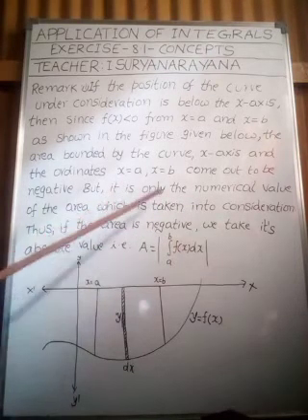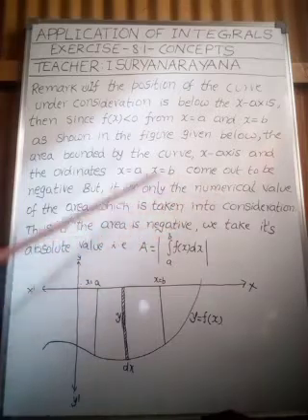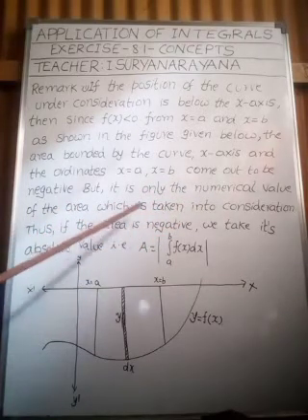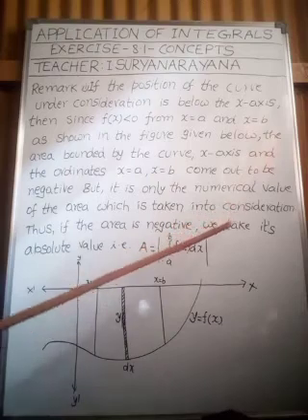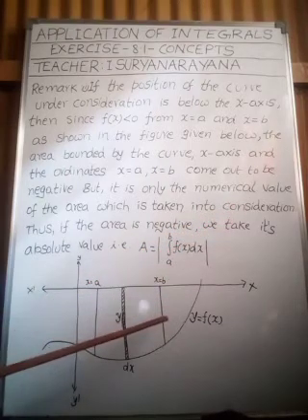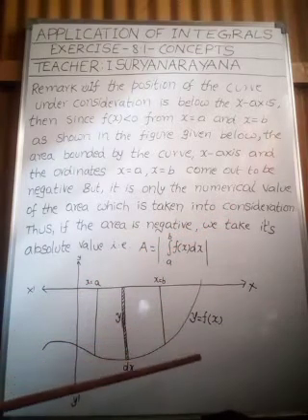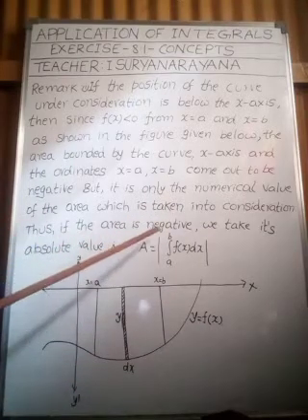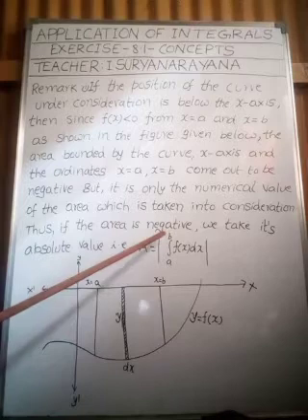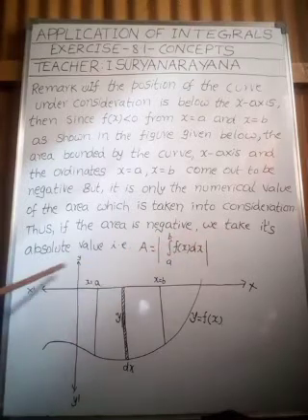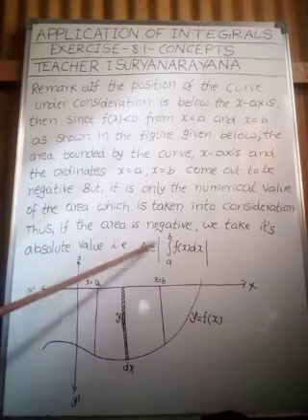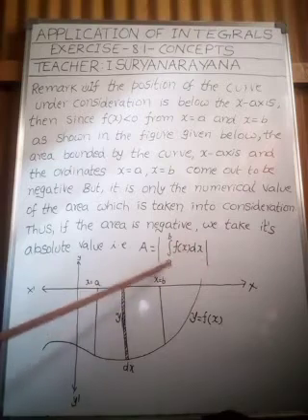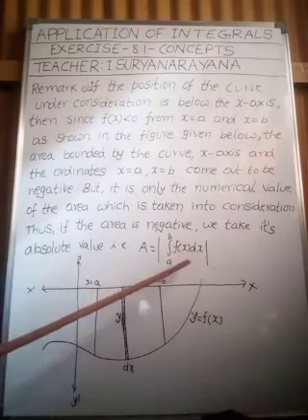It is only the numerical value of the area which is taken into consideration. So we have to consider only the numerical value. Thus, if we get a negative value, we take its absolute value. That is, area is equal to modulus of integral a to b f of x dx.